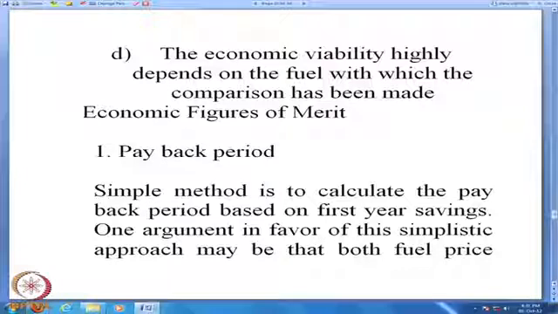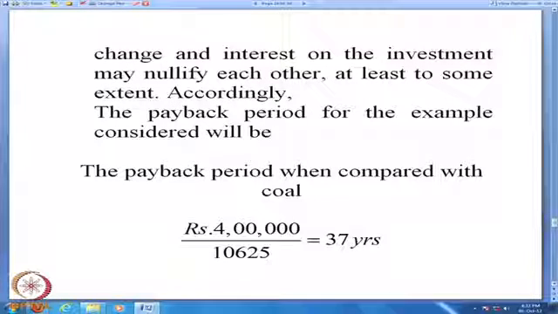As I said, the simple method is to calculate the payback period based on first year savings. One argument in favor of the simplistic approach may be that both fuel price change and interest on the investment may nullify each other, at least to some extent.